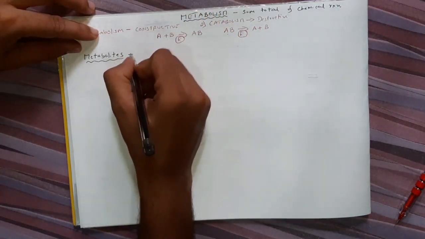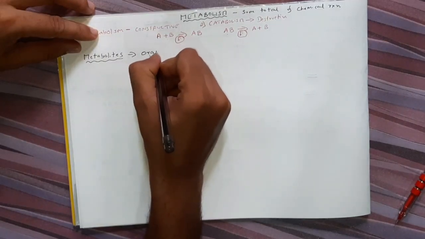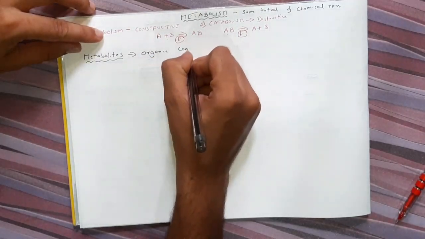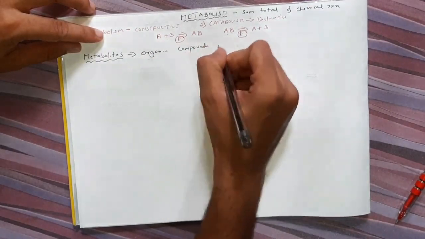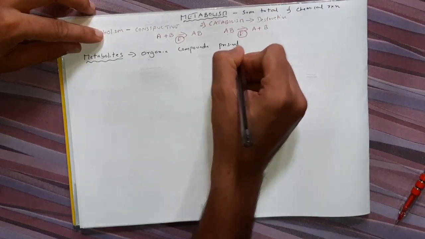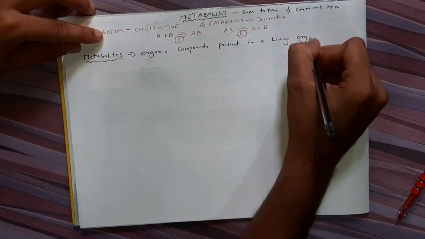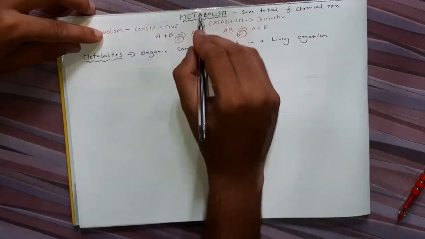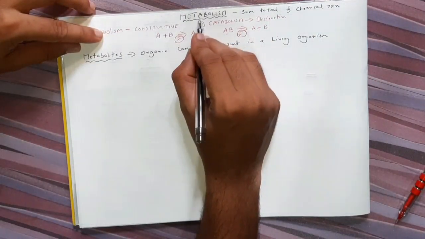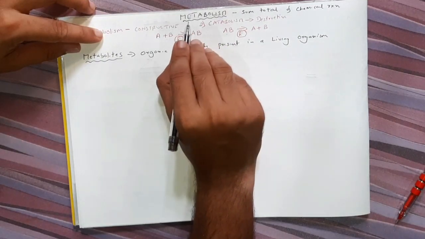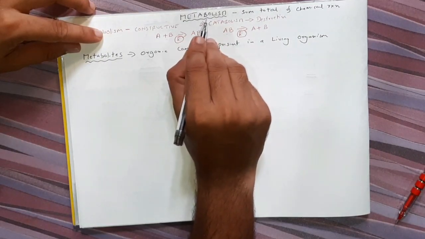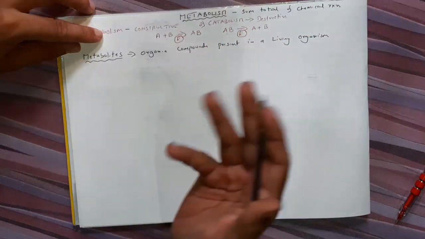Okay, so in simple words I can write these are organic compounds present in a living organism. So they play an important role in metabolism. Some are required to run the metabolism. Some are the product of metabolism. That's it. That is nothing but metabolites.